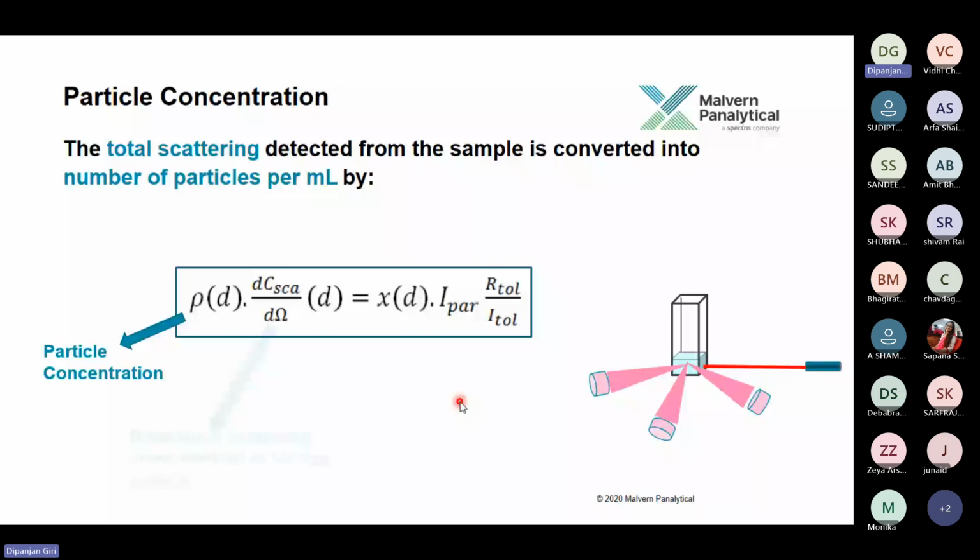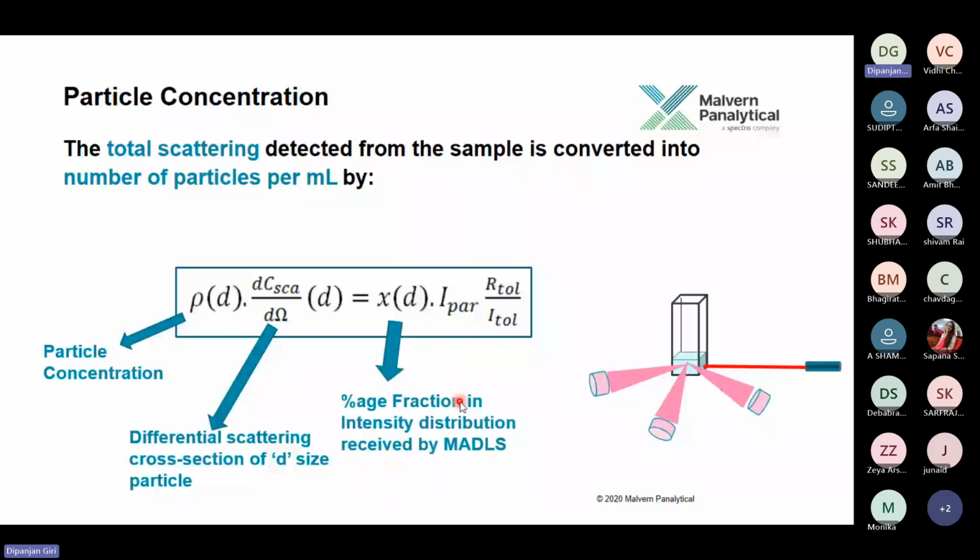So this is the particle concentration, and this is the differential scatter cross section of the d size particle, and this is the percentage fraction in the intensity distribution received by the MATLAB, and this is the measured intensity of the d size particle. And in this way, you can measure the concentration of the particles.